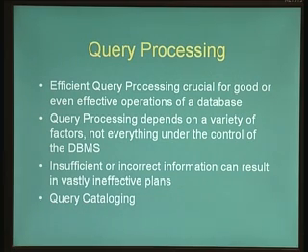Now consider a query which is given on 2 different tables, each of 1 gigabyte of data. So there are 2 gigabytes of data in the database. Now a bad query execution plan would actually try to compute a Cartesian product of the 2 tables before trying to return the results that we require.